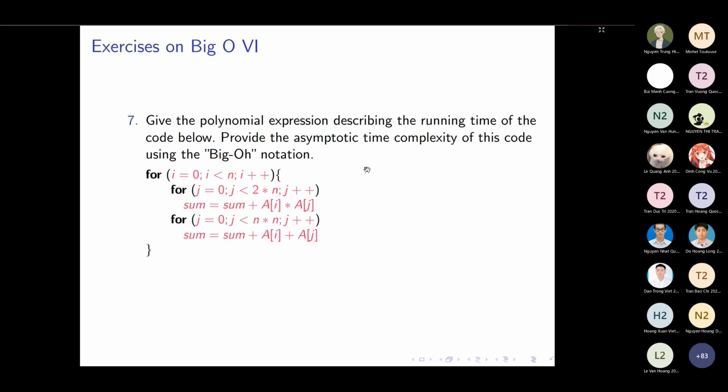The result for the polynomial expression will be n times (n squared plus 1) times n. So in big O notation, it will be O(n^3). I will show my process in the chat. Just wait. Okay, thank you.